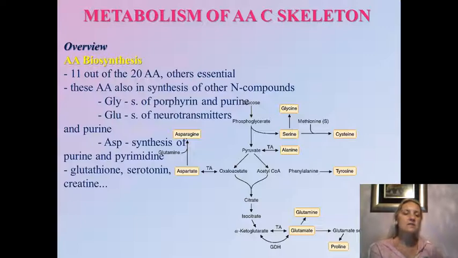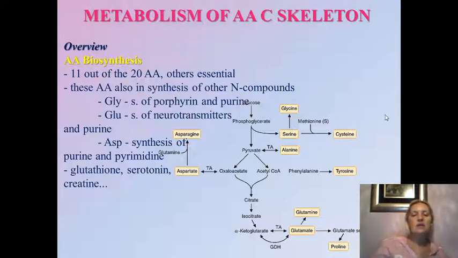I have listed here a couple of examples, and we're going to go into details more in our next video. So glycine is used for the synthesis of porphyrin and purine, glutamate for the synthesis of neurotransmitters and purine, aspartate for synthesis of purine and pyrimidine, and also amino acids are used for synthesis of glutathione, serotonin, creatine, and so on and so on.